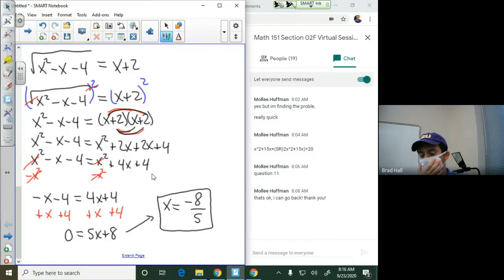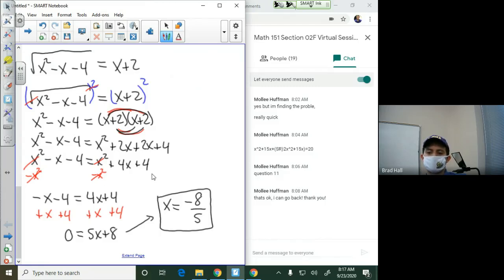We need to check that. Yes, you would need to check this. So for this problem, the reason why you don't have to be too meticulous about checking this one is because there's a certain pattern here. Since there wasn't an issue in the beginning of the problem, there's not going to be one at the end.